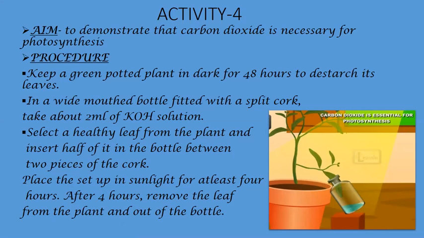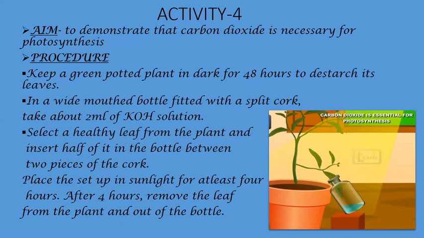In a white mouthed bottle fitted with a split cork, take about 2 to 4 ml of potassium hydroxide solution. This solution is used to absorb carbon dioxide if present in the bottle.